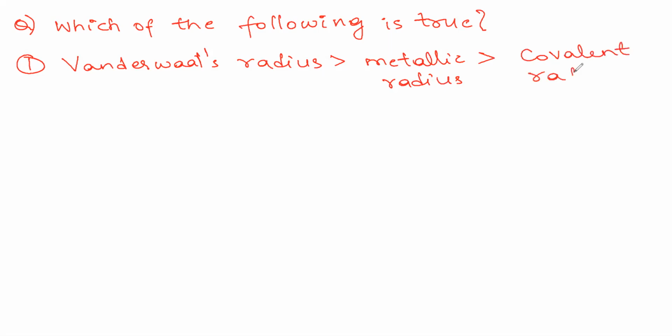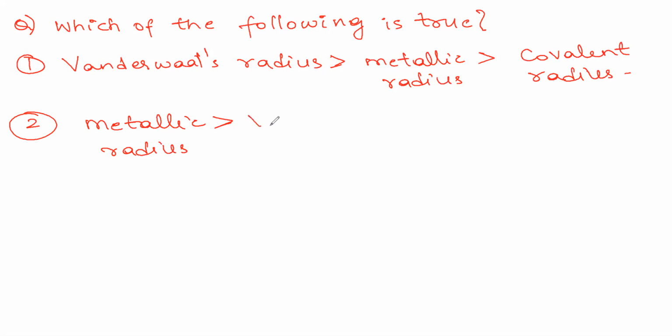Second option, metallic radius greater than van der Waals radius.